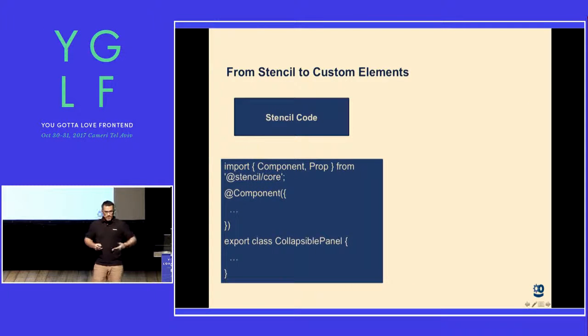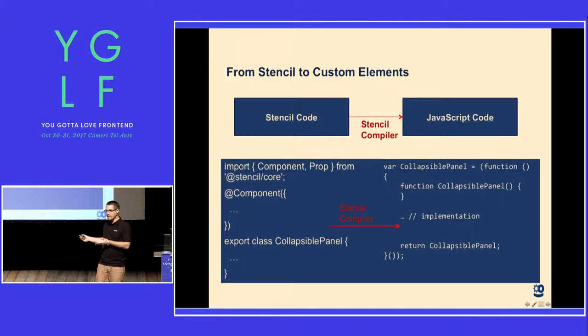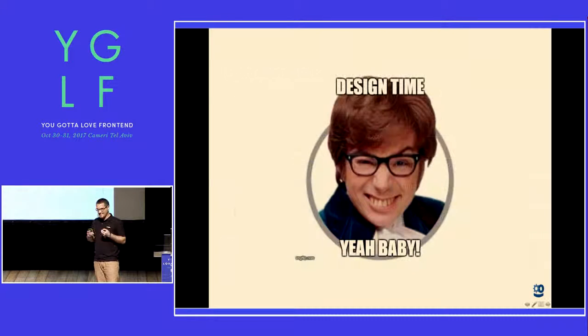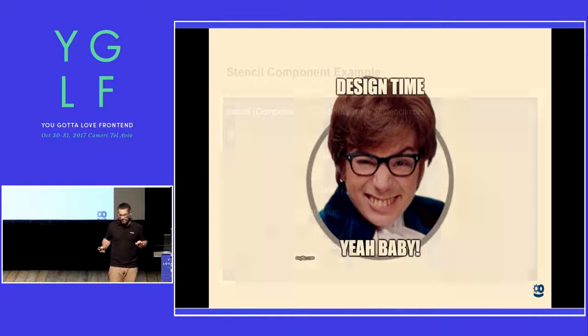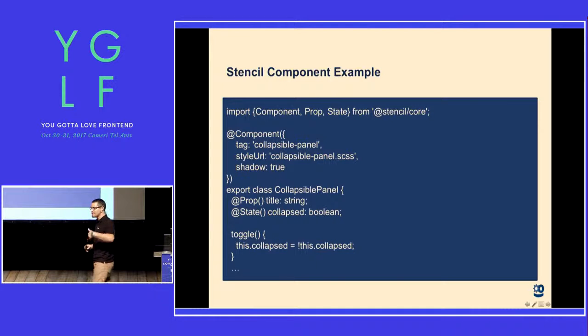When you create your Stencil component, you will compile that component into regular custom elements. Design time. Really design time. Everything is in design time. It's not in runtime at all. So if I want to replace the collapsible panel from the first slides, I will do something like this. I will write a Stencil component that includes the decorator, for example, for the component.